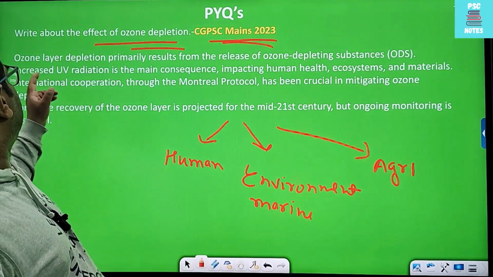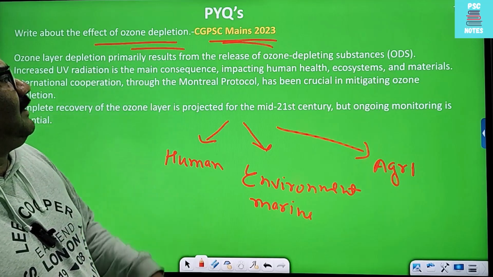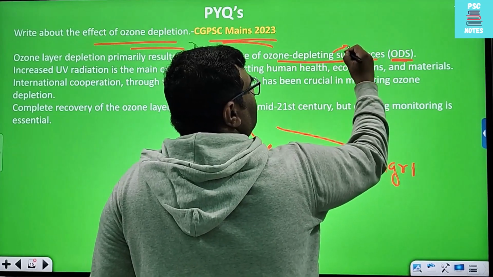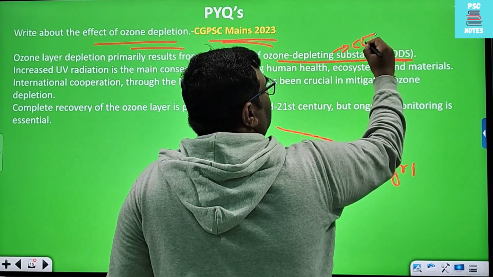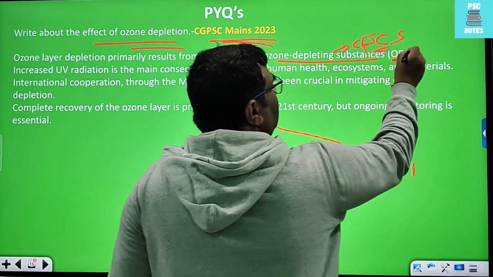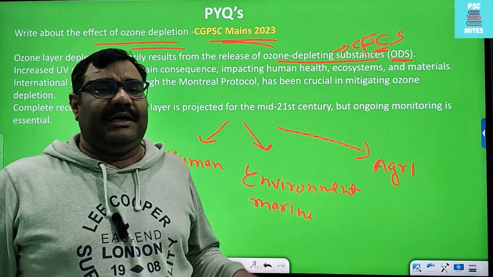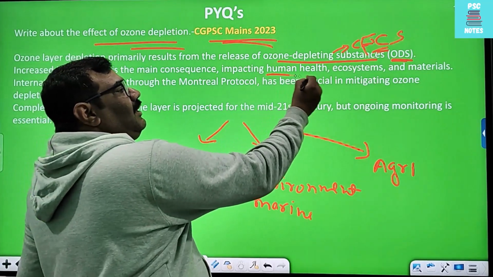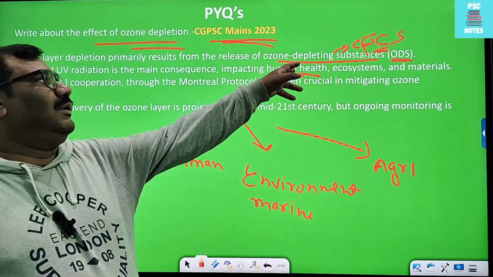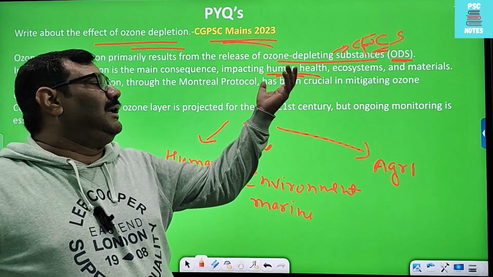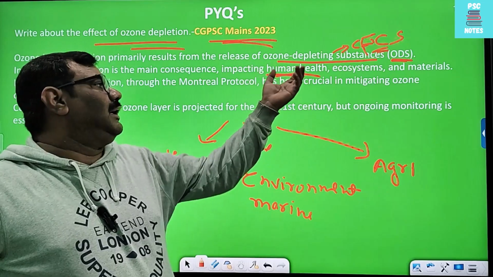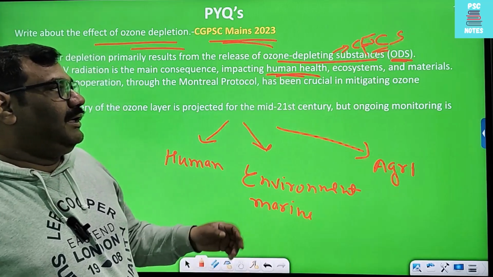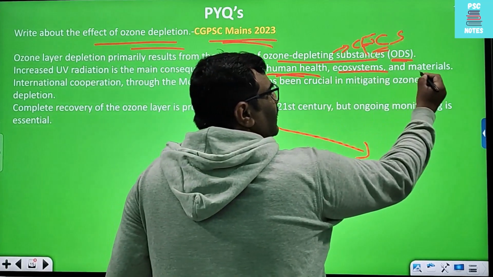Now ozone layer depletion primarily results from the release of ozone depleting substances like chlorofluorocarbons. The increase in ultraviolet radiation leads to an impact on human health. We have already covered how it affects human health. It leads to cataract, skin cancer, and suppressed immunity. It affects the ecosystem.